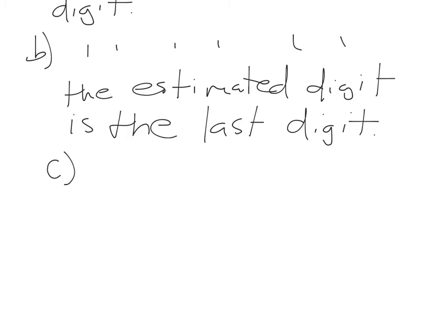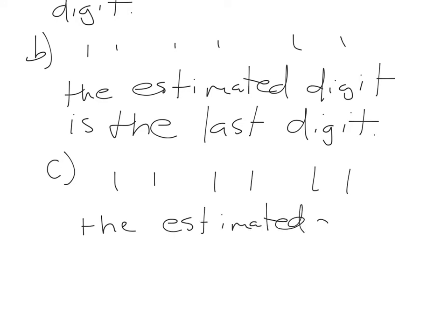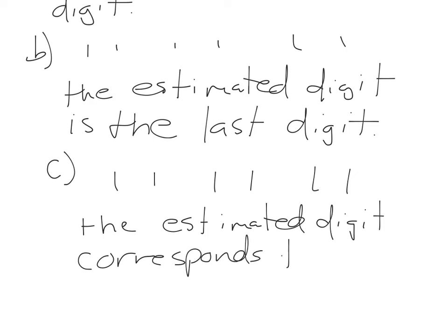All right, C, in a valid measurement, the estimated digit corresponds to largest, smallest, 1/10 the smallest mark on the instrument.